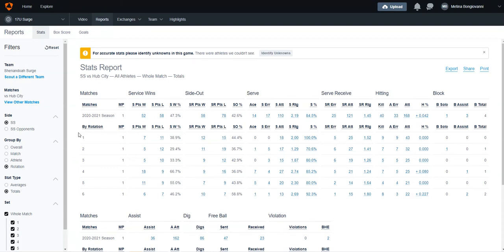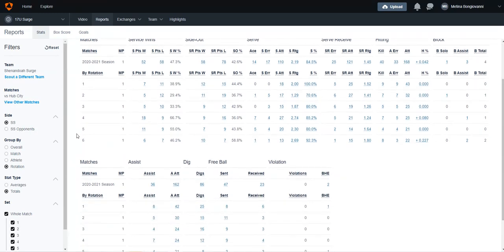So they're going to look at these numbers to say, how do I want to start a set? They may want to start with their strongest servers, their strongest hitters, or their best passers. It's up to the coach. This is where they're primarily going to be looking to make sure they're putting together the best lineup, or the lineup that fits their philosophy on how they want to compete.